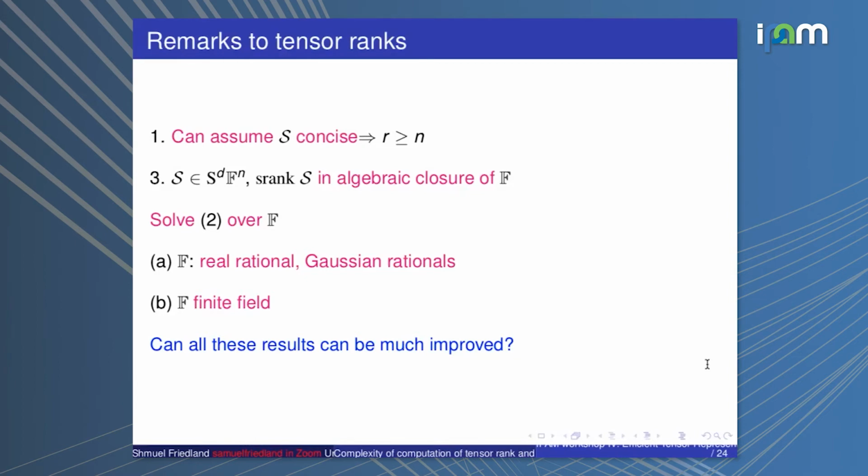You can do the same procedure, but what you obtain with this algorithm is the rank in the algebraic closure, but you don't have to go to the algebraic closure. So you can try, say, the field of real, rational, Gaussian rational, or finite field, because once you have a finite field or you have integers, there are some random processes that use finite fields, and here I think there can also be improvement.